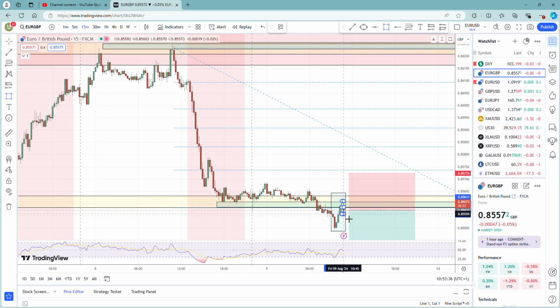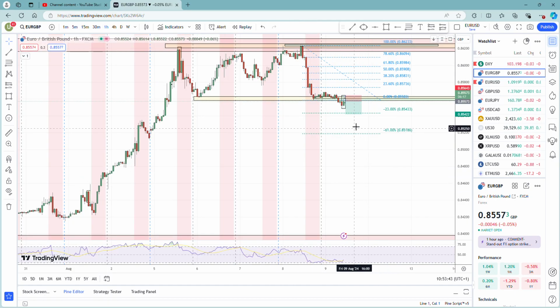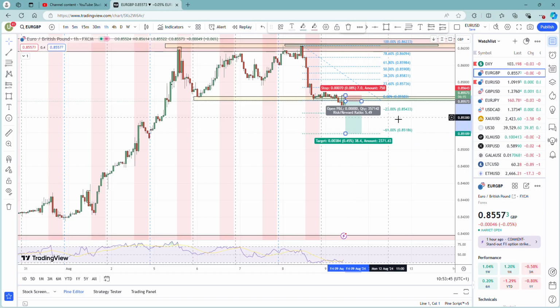So it's perfect timing for me. It's made a lower high. I'm going to risk 7 pips to win, that would be TP1, that would be TP2. So risking 7 pips to win 38 pips. So I'm just going to go ahead and enter that on MT4.